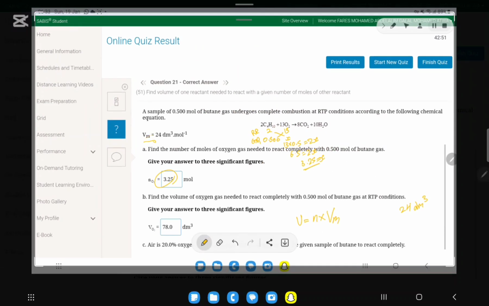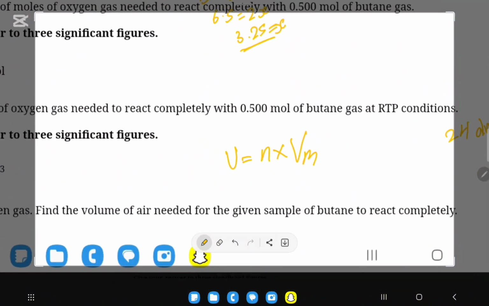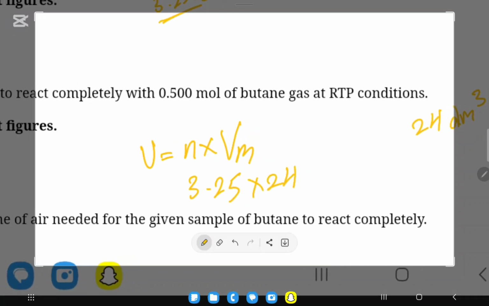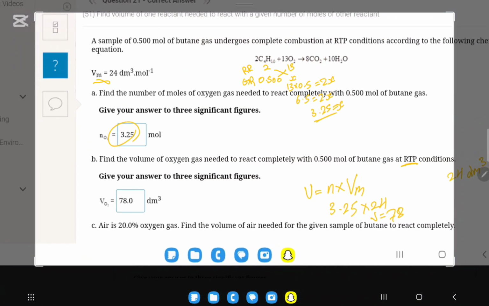Vm is whatever they give you for RTP or STP. So we have the moles 3.25 times 24 because they said RTP. You put it into your calculator, you get V is 78, and they wanted 3 significant figures, so you put 78.0.